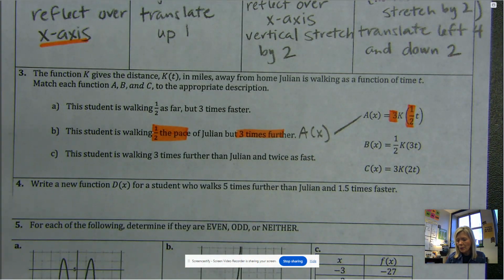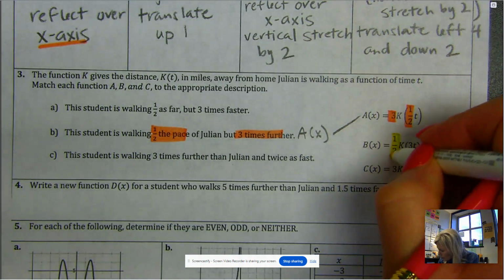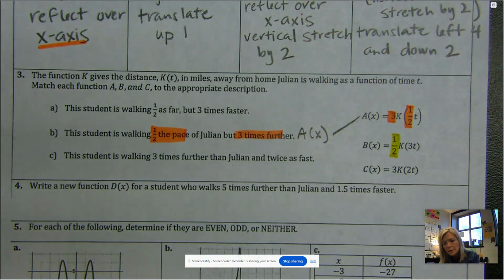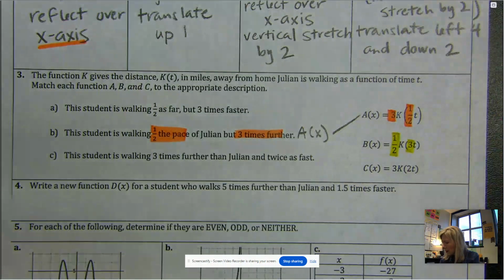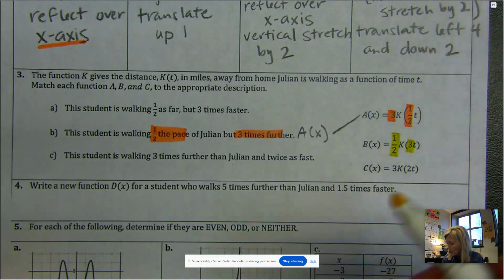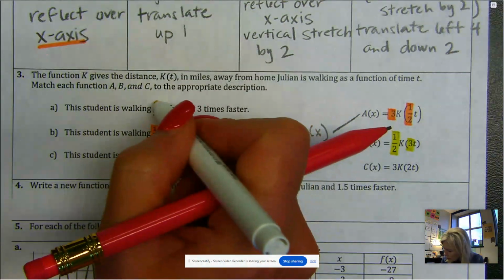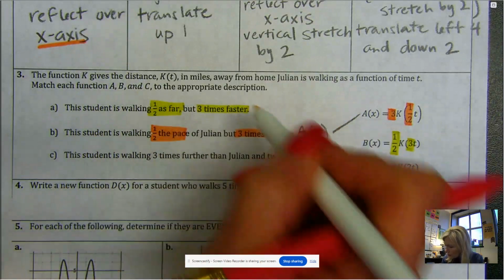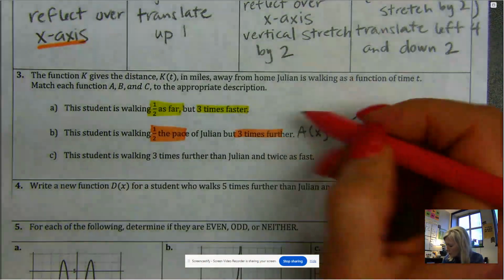The next equation, now we're looking at half the distance. So this 1/2 out in front, that's changing the distance. And then 3 times the speed. So that looks like this one, half as far, but 3 times faster.